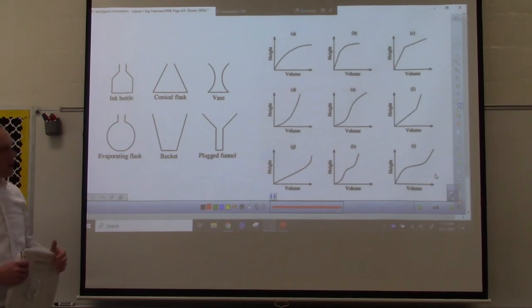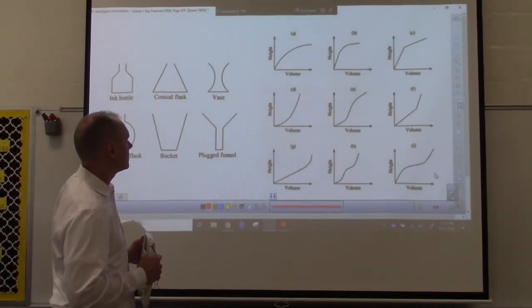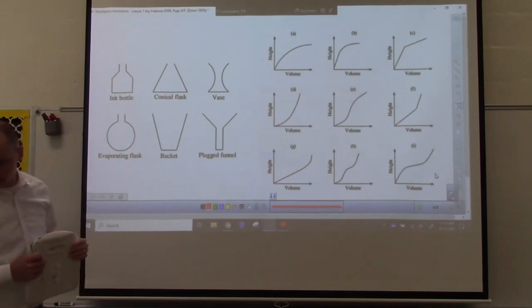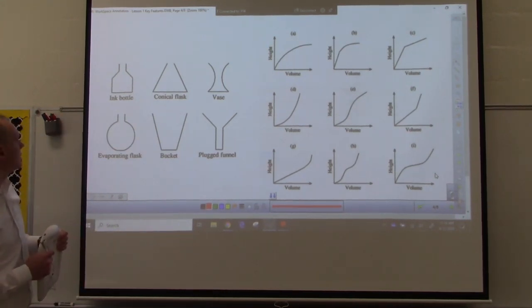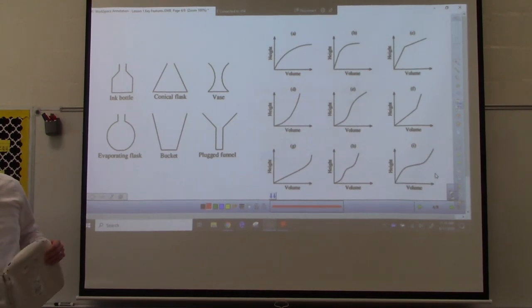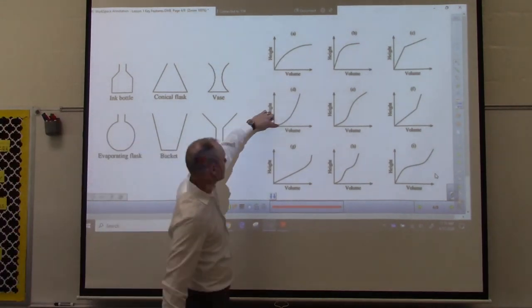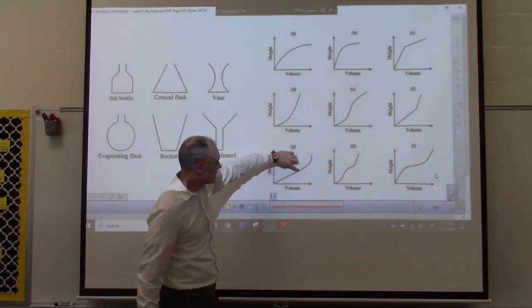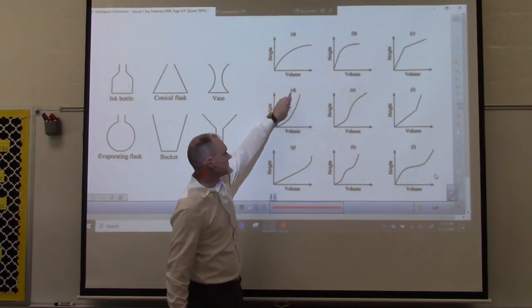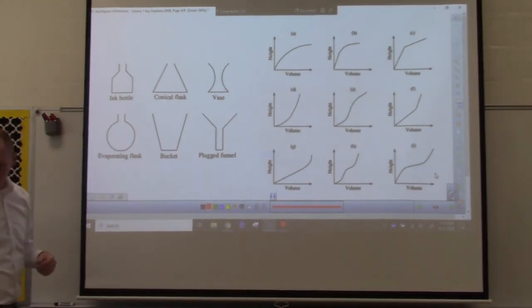And so that one's going to be, let's see, flask is I. So that's the evaporating flask. Conical flask is D. So yeah, it's going to look like that overall shape that I talked about a second ago, where it is slowly increasing in terms of the rate at which it goes.